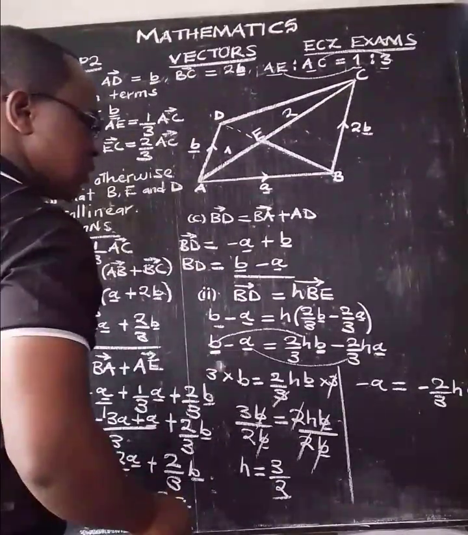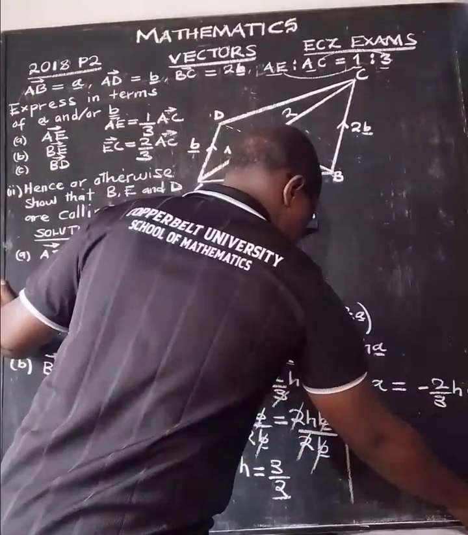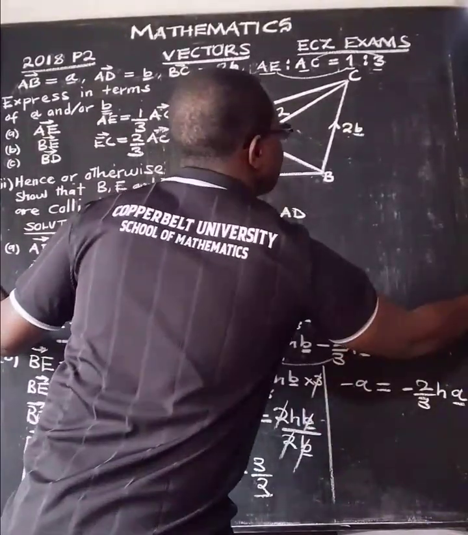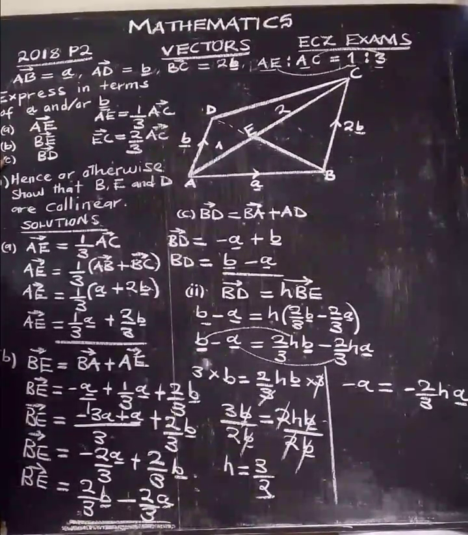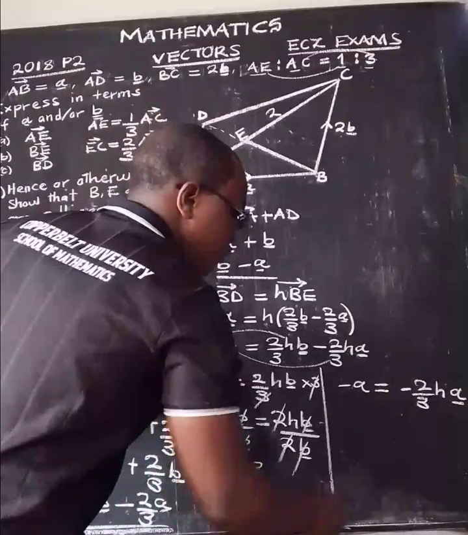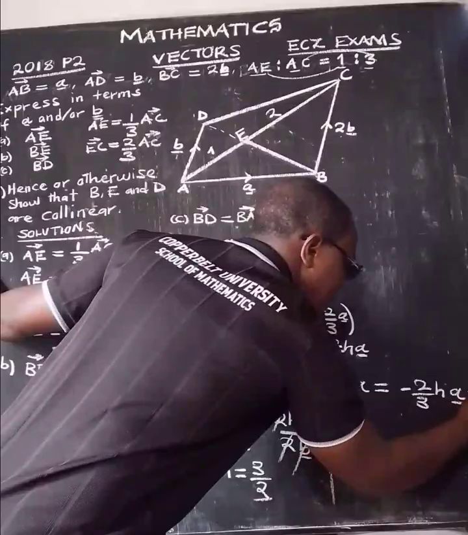So on this other side, again, we can get rid of this. Just move this side so people can see. Okay? So on this other side, we're also going to get rid of this 3 by multiplying by 3.